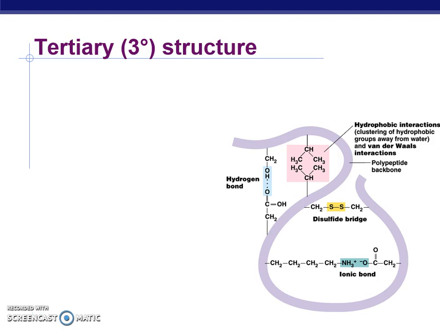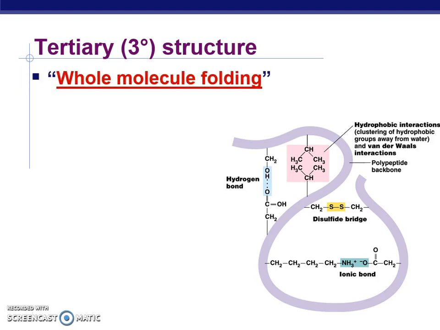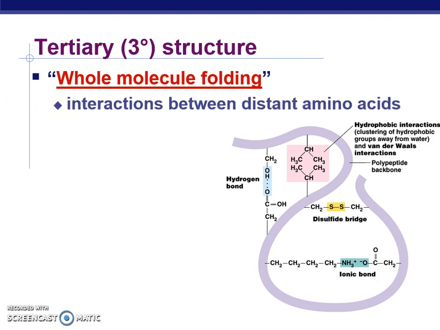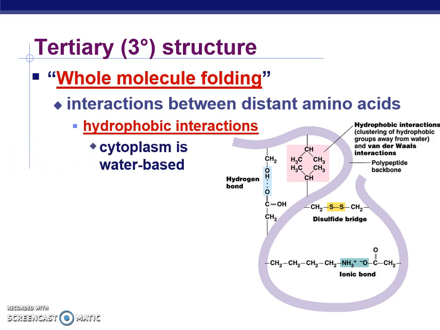Then you get tertiary structure. This is kind of the big folding of the polypeptide, and this has to do with amino acids that aren't next to each other. You have hydrophobic interaction, so your cytoplasm is going to be water-based, right? You are a big watery environment.